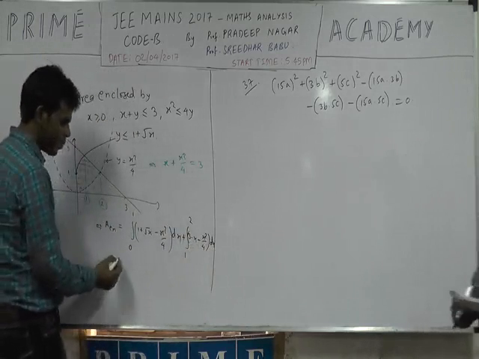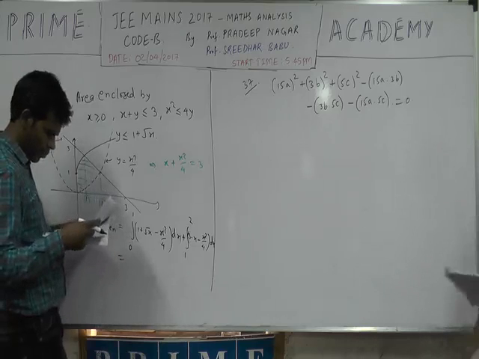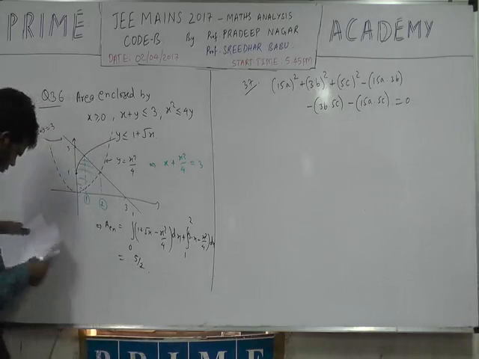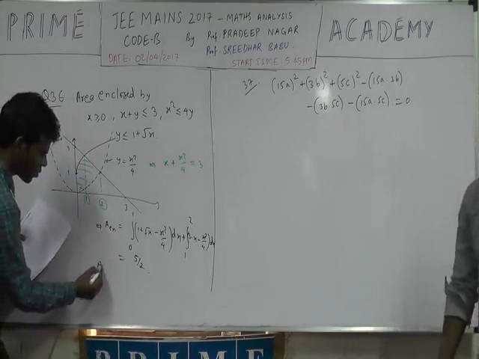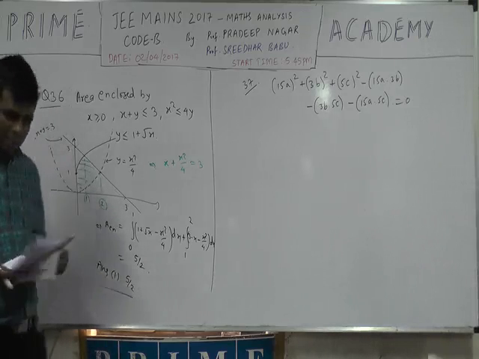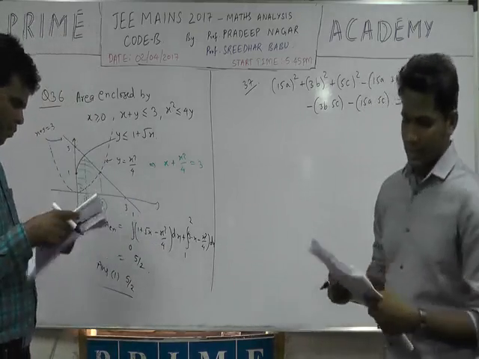Which is very easy board level integration. You can easily get an answer, and you will get your answer as 5 upon 2. So the correct answer is 5 upon 2, that is option 1. So this is the answer of this particular question. Next.